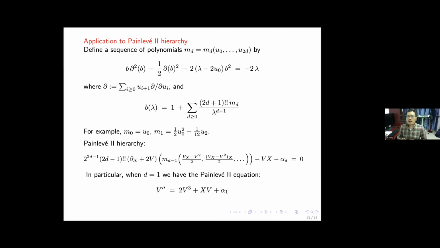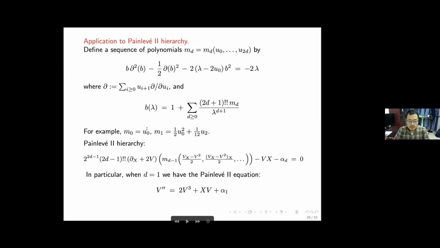So now let's look at the application to the Painlevé-2 hierarchy. So the definition of the Painlevé-2 hierarchy, I will be very quick. So for example, the first equation in this hierarchy is the Painlevé-2 equation.